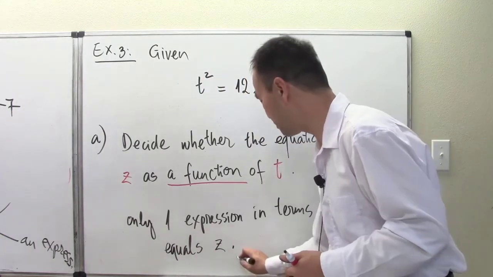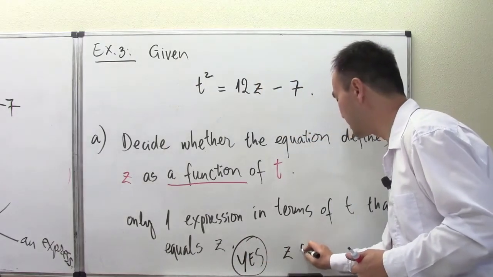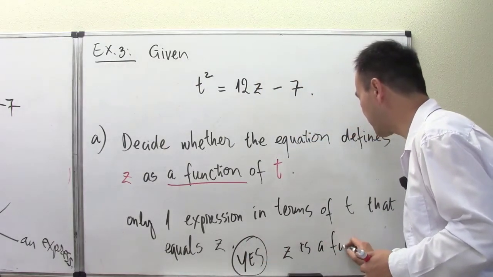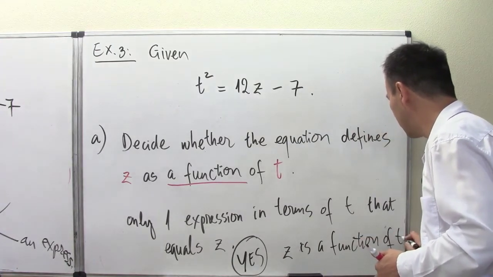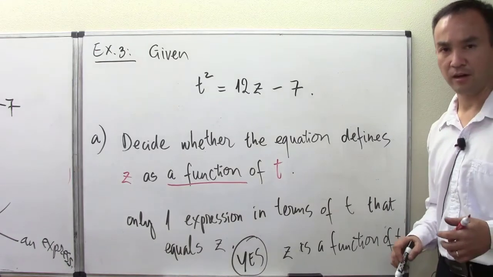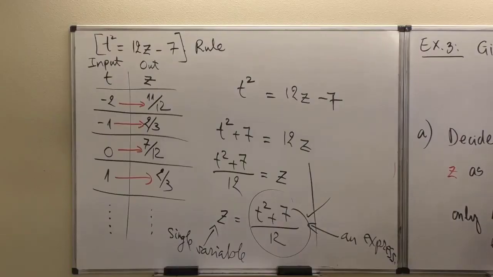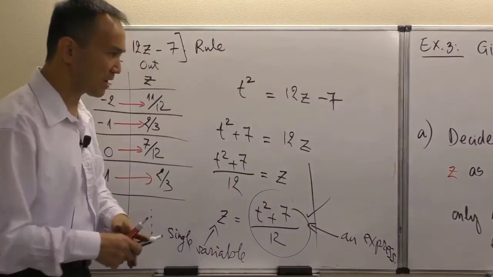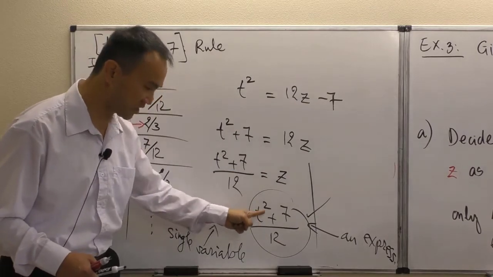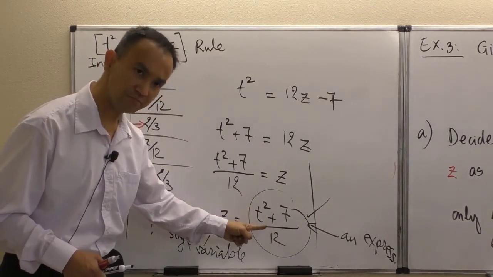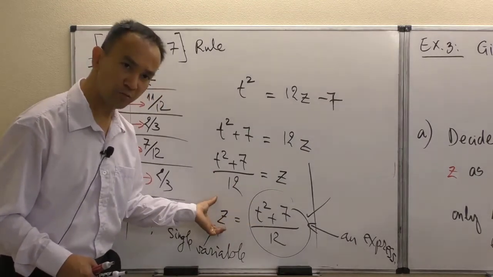And so now I'm saying yes, z is a function of t. All right, so that's how we decided that. And that's what I meant earlier, that there's only one expression, only one expression in terms of t, involving t. That's what the formal name "in terms of t" means. And all of that equals one variable z.